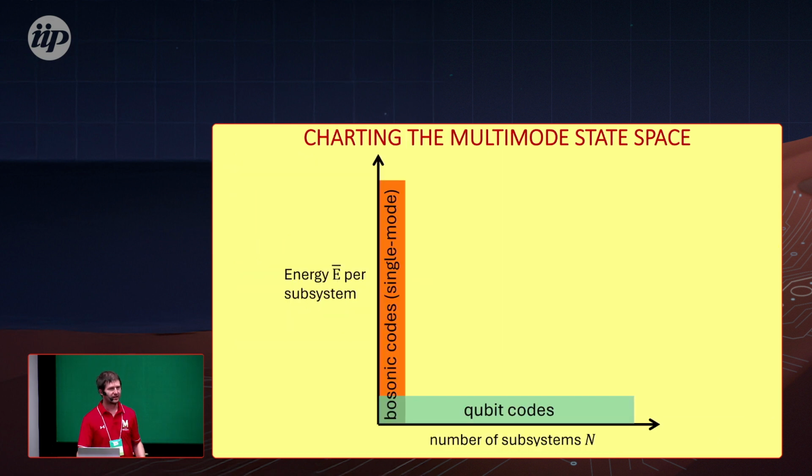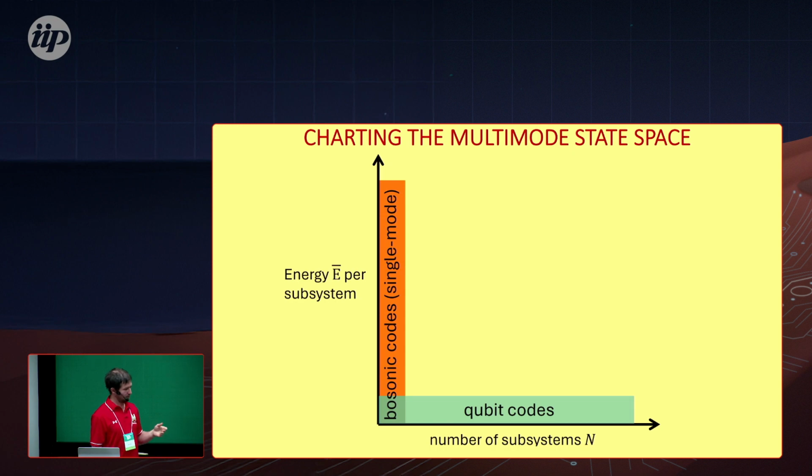So this is the main slide. I like to organize the available state space in terms of these two axes. On the x-axis is the number of subsystems or devices that you're tensoring up or stacking up. These are your number of superconducting circuits, number of trapped ions, etc. And on the vertical axis is the energy you use per ion or per subsystem.